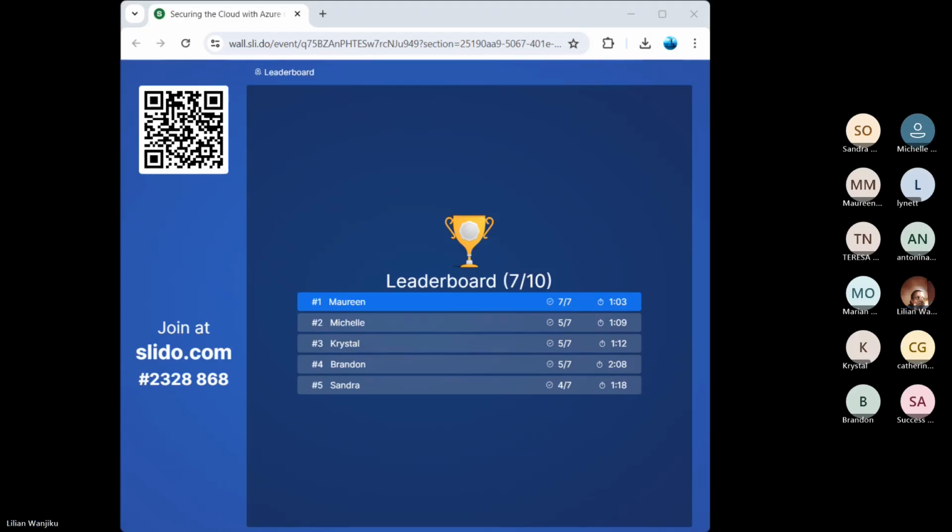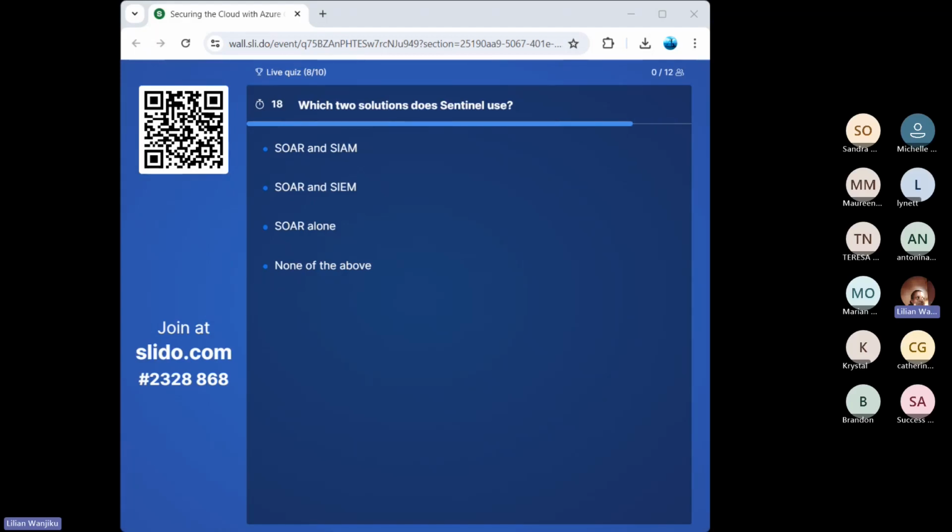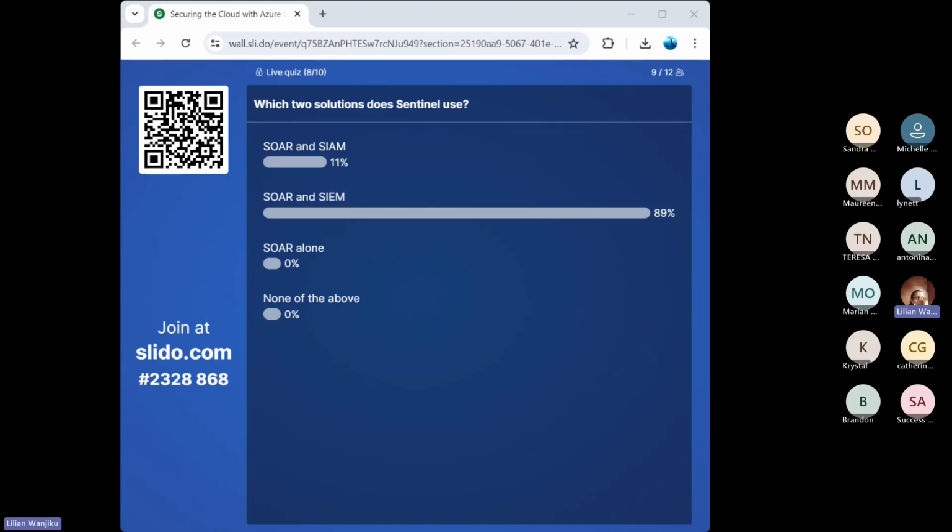Next question. Which two solutions does Sentinel use? You can try and remember what we discussed. We've also had another question with a definition of one of them, so you can try and estimate which of them have been used. We have 11% selecting SOAR and CM, and then 89% of us selecting SOAR and SIEM. SOAR alone and none of the above were not selected.